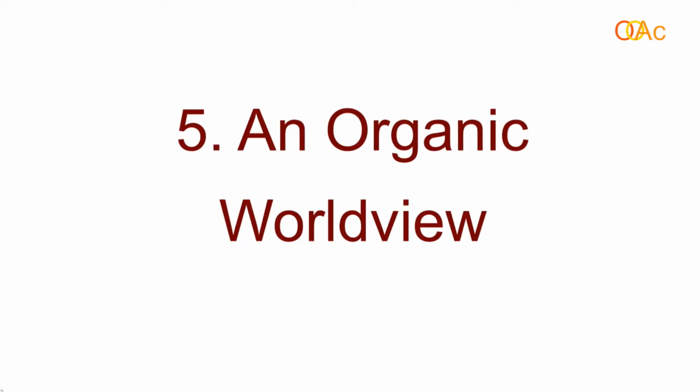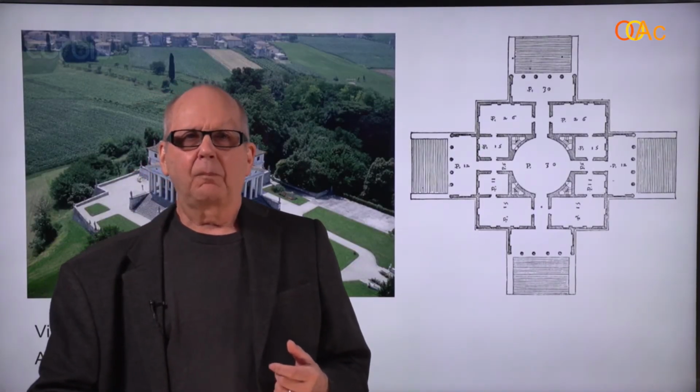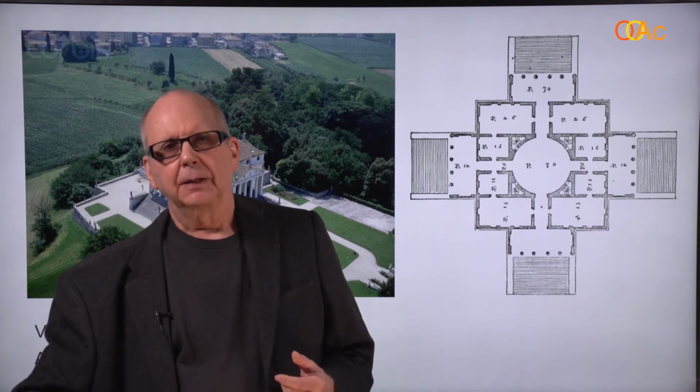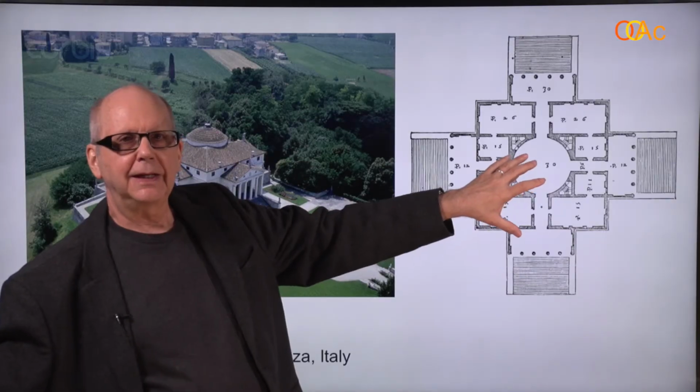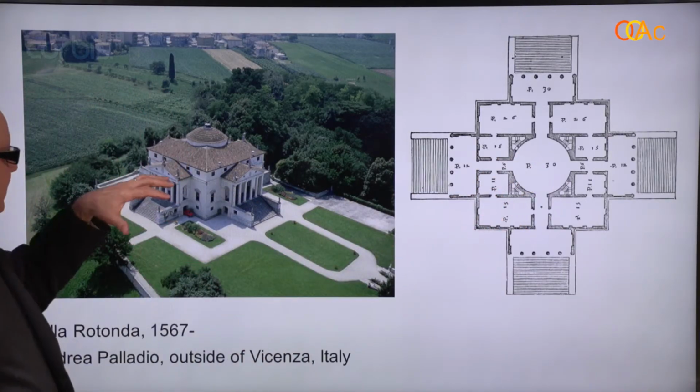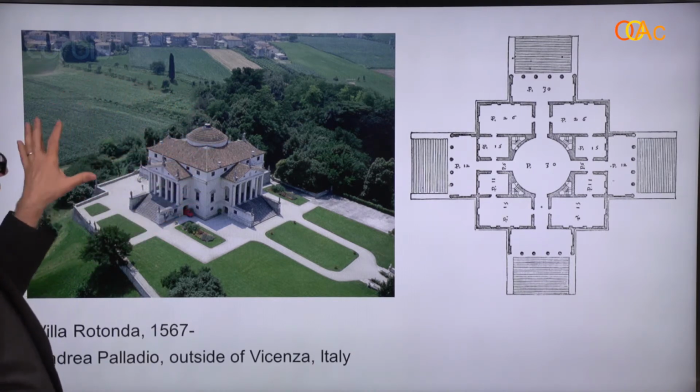And finally, an organic worldview. So what do we mean by that? Here again is Palladio's Villa Rotonda, and it is putting the human being in the center, and it is dominating its landscape. From here we survey out.